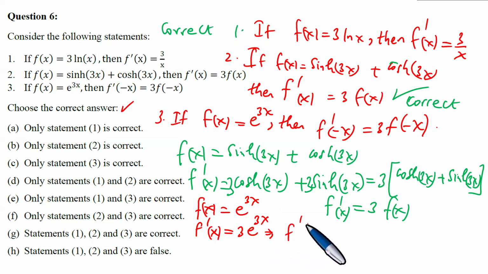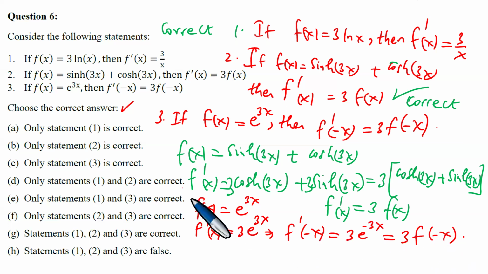Meaning if you have f prime of minus x, it is 3e to the minus 3x, which is 3, the e to the power minus 3x is exactly f of minus x. Right, so meaning that the f prime of this is actually that.